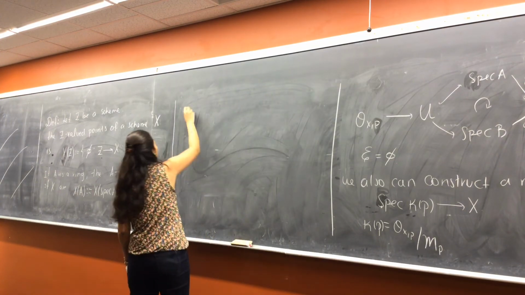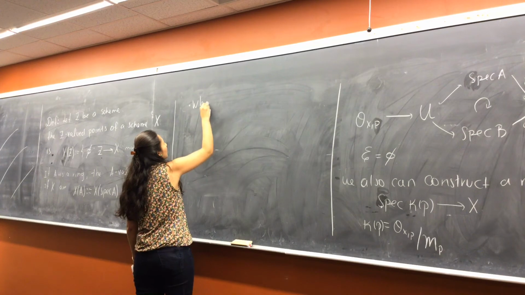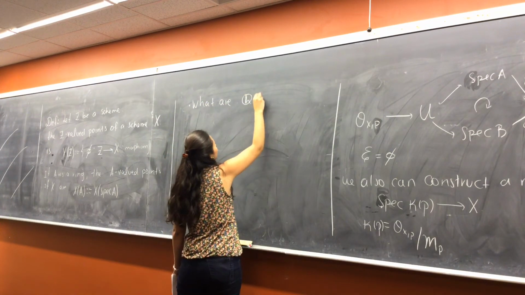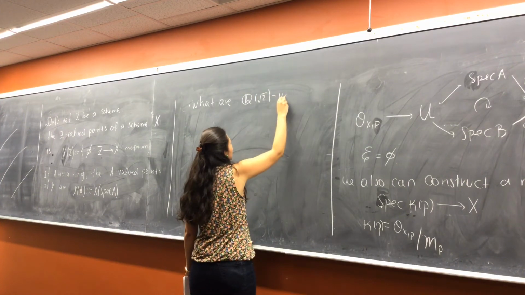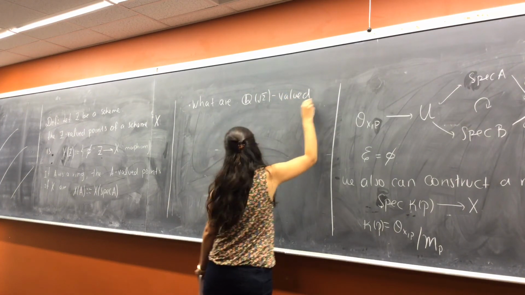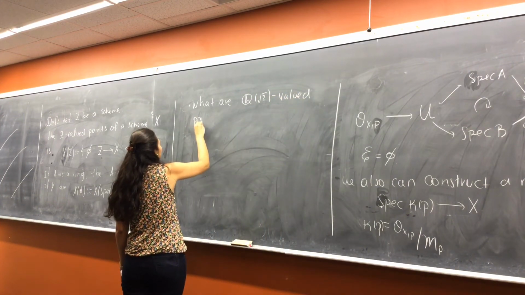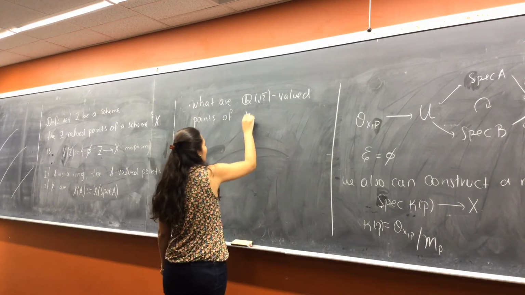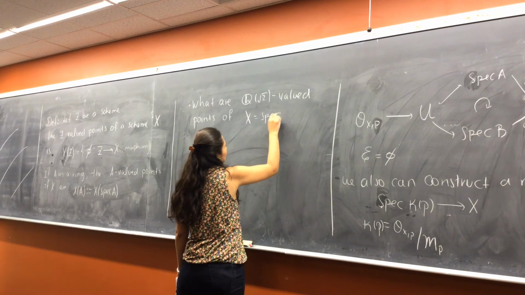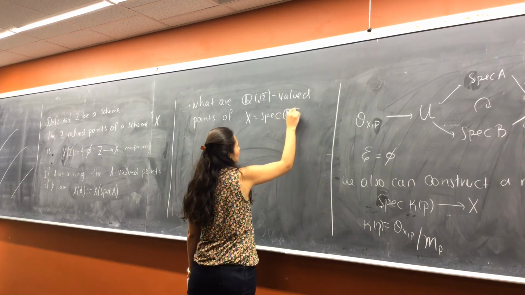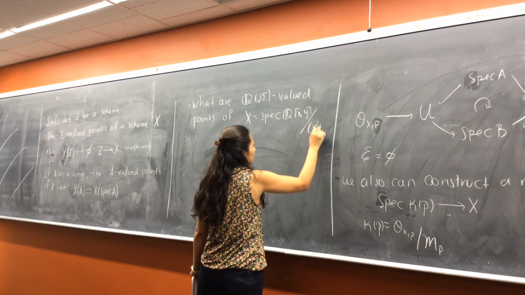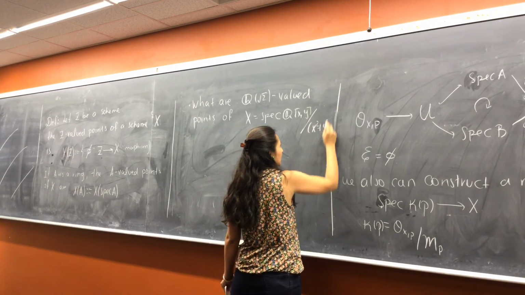Okay, so now the question. What are the Q root 2 valued points of X equals Spec Q[x,y] modulo x squared plus y squared minus 1?